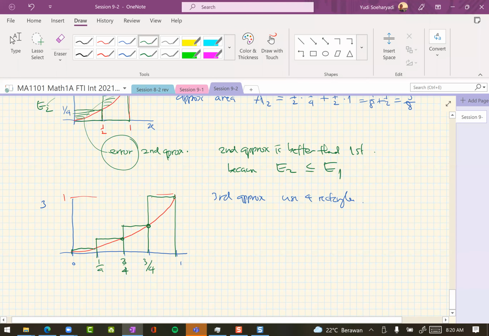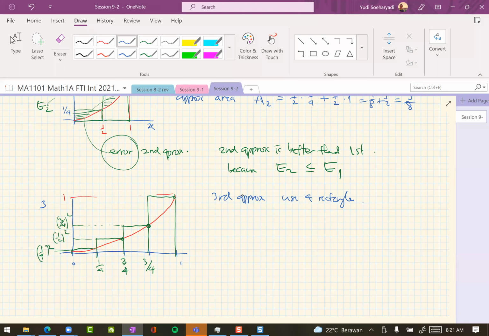The first one is of height 1/4 squared here. This one is 1/2 squared, and this is 3/4 squared.